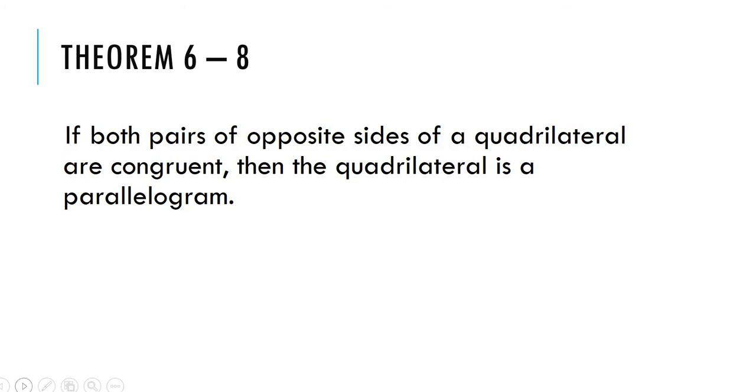Theorem 6.8. If both pairs of opposite sides of a quadrilateral are congruent, then the quadrilateral is a parallelogram.